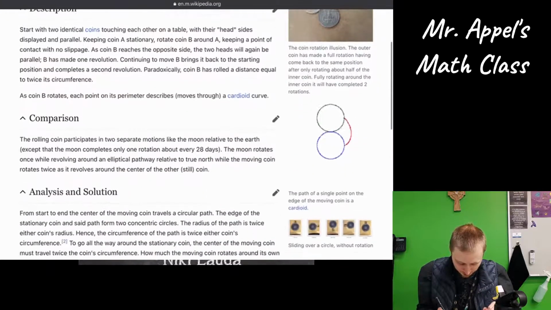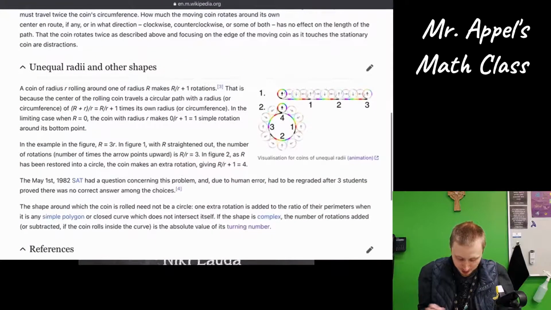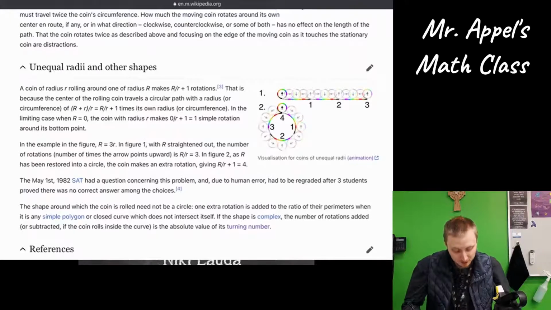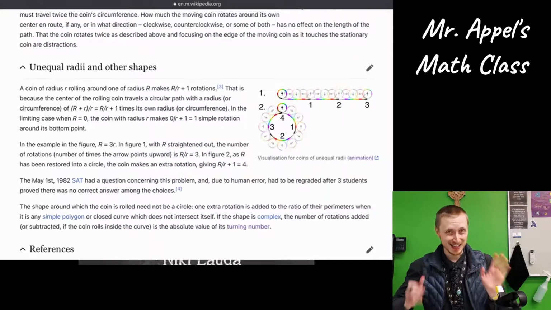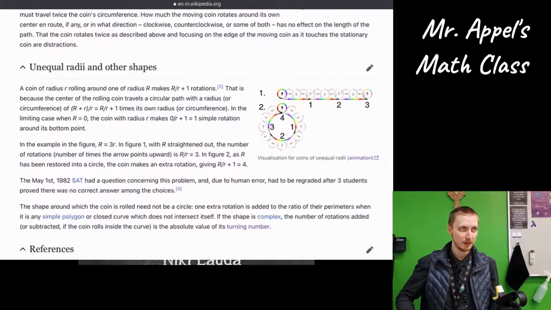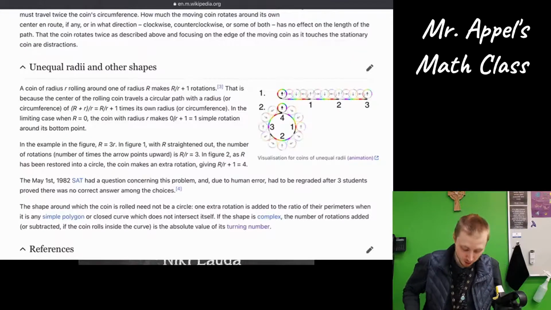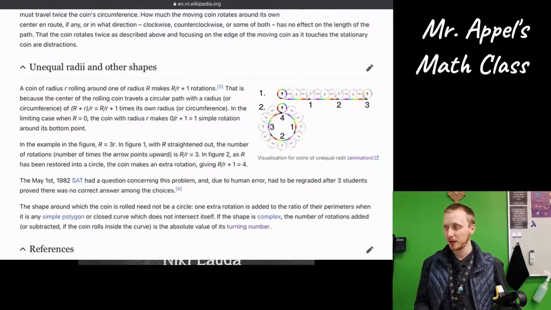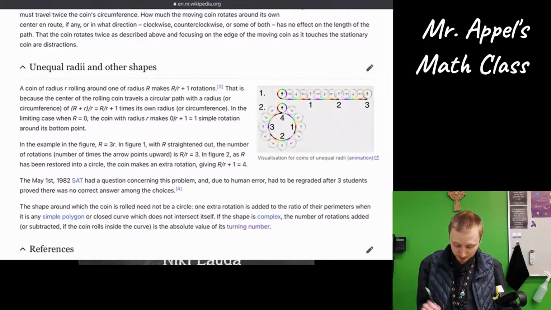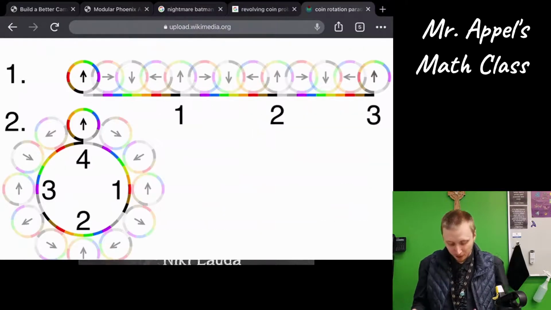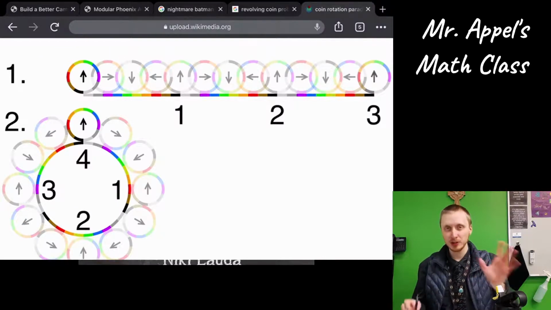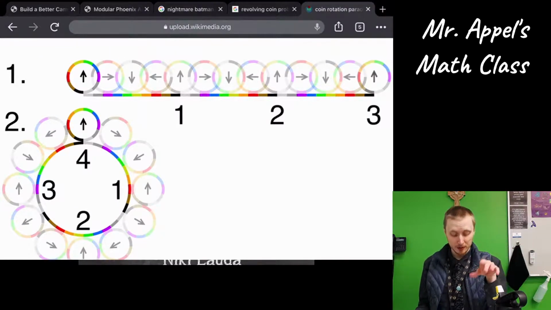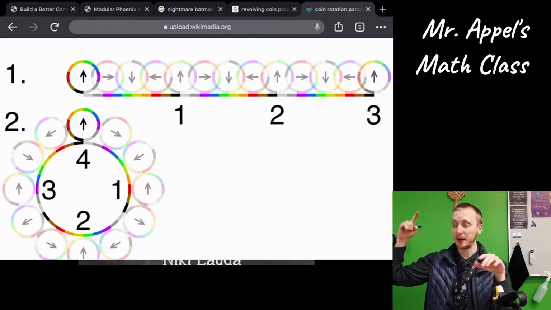Here's another way to look at it. This is specific to our case. What if they are not the same size? So this is just like our problem. We have one coin that is 3 times the radius of the other. What we initially think, our intuition tells us, the topmost diagram up there.